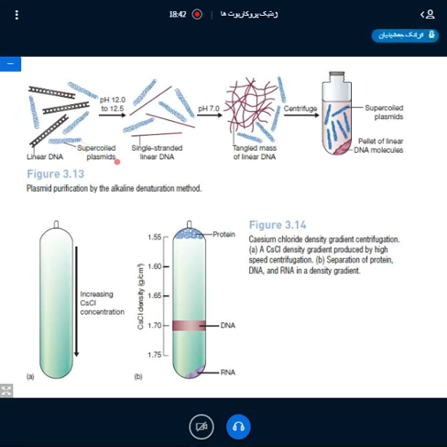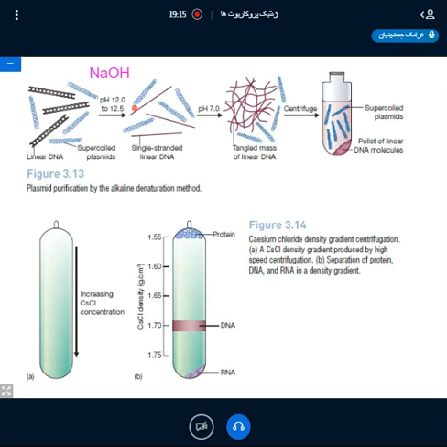So, at first, we add some NaOH. What is NaOH? You all know NaOH. We call it soda. I don't know what you call it in Arabic.